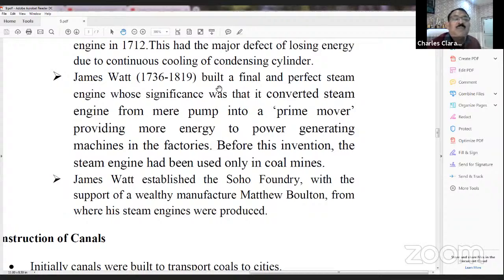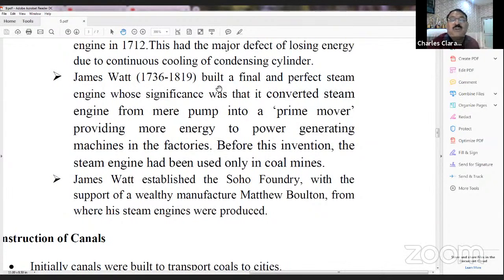Now we come to James Watt, 1736 to 1818. He's important for us because you must understand the Industrial Revolution started from 1780. Always remember that. So whatever he did fell in the period of the Industrial Revolution.